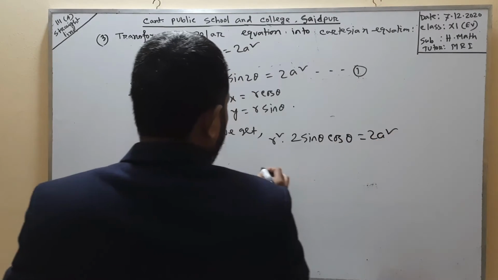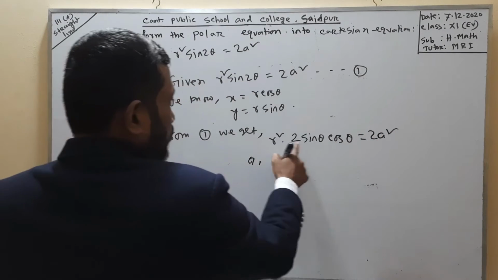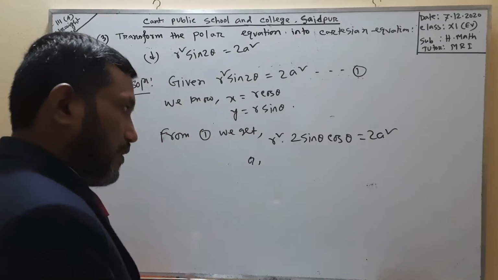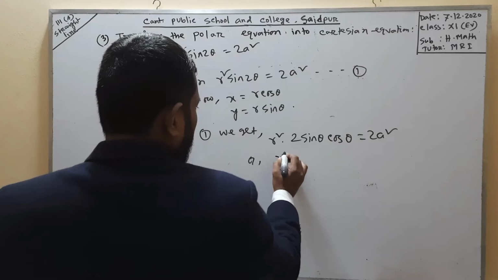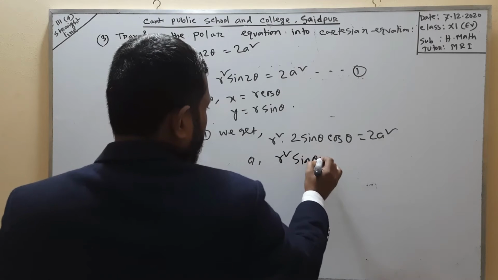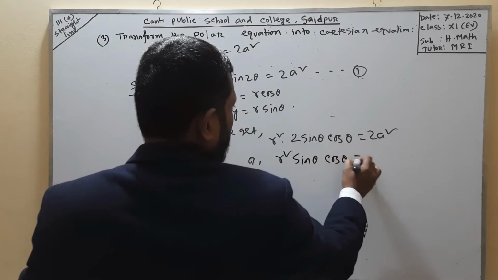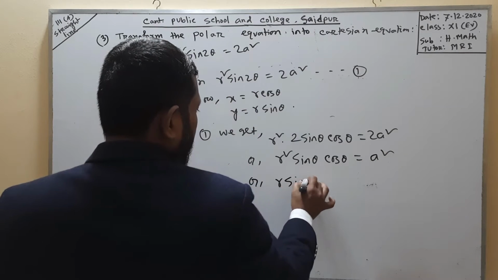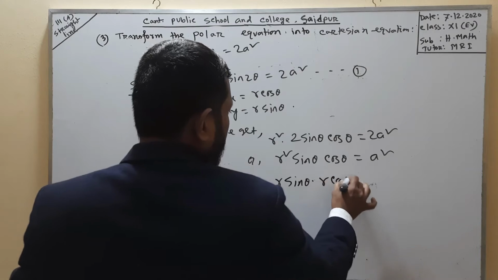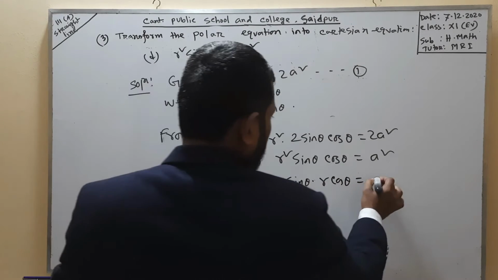The 2 and 2 will cut from both sides. Then we get r square sin theta cos theta, or r sin theta into r cos theta, is equal to a square.